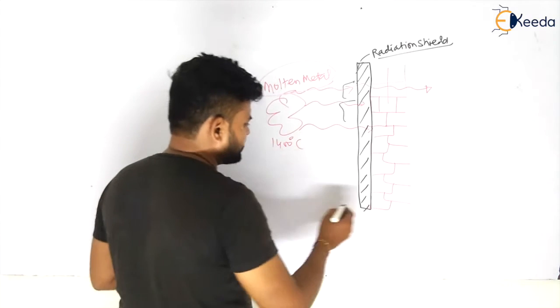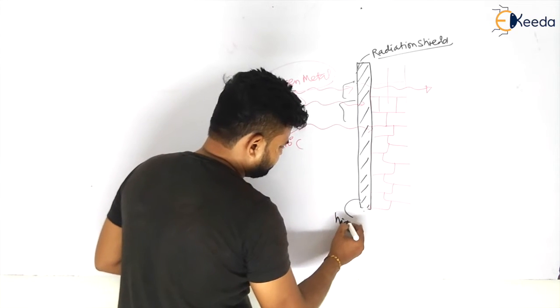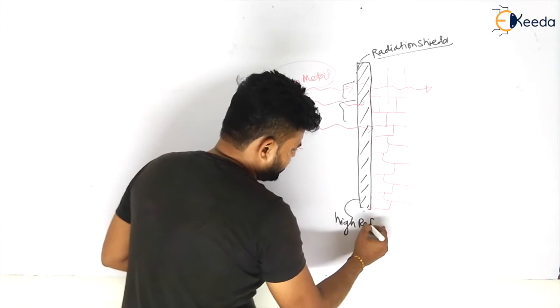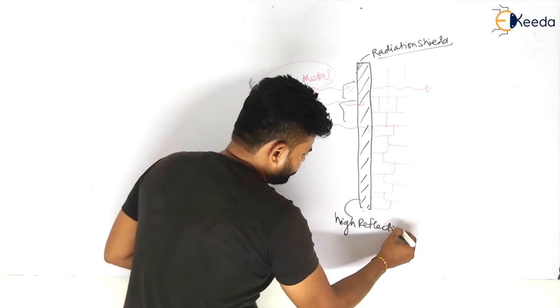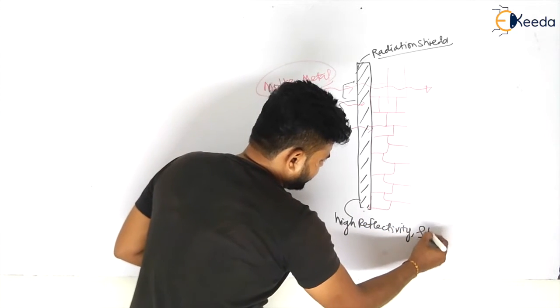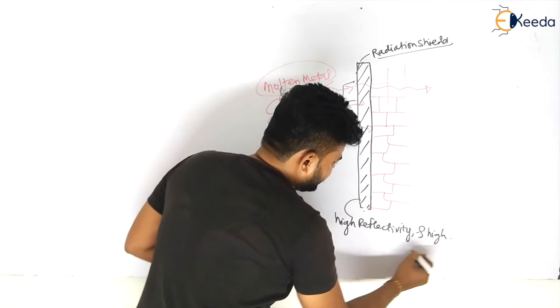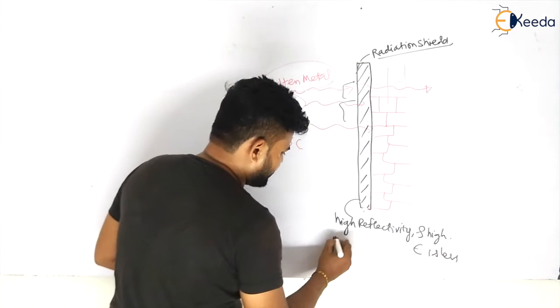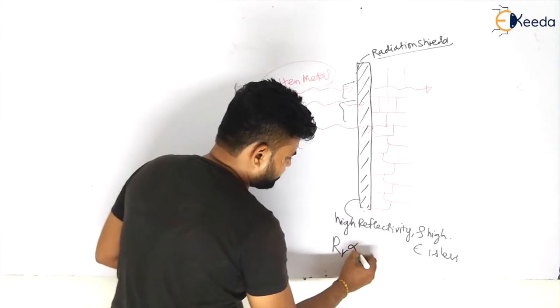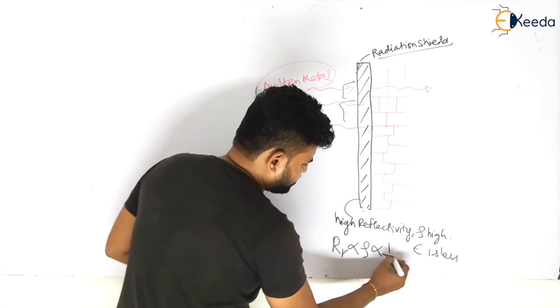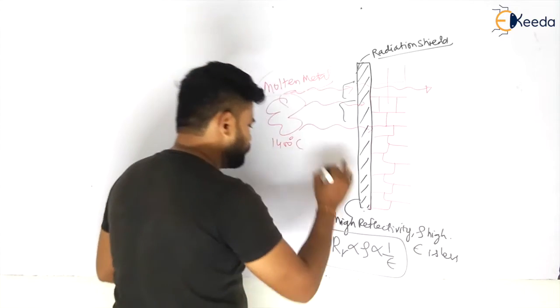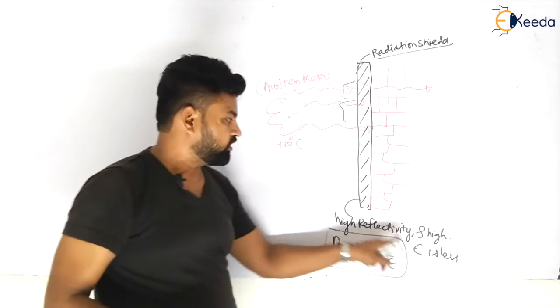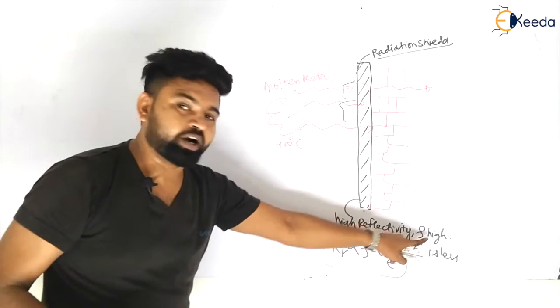Now, what will happen? These radiation shields have high reflectivity, that is, rho is high, and emissivity E is low, because we know that radiation is directly proportional to rho and inversely proportional to 1 upon E. So we will have E low for the radiation shield and rho high. Why?